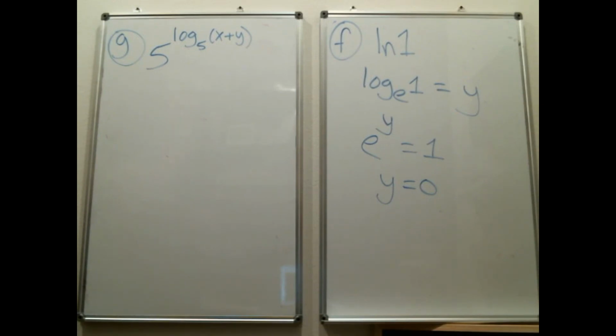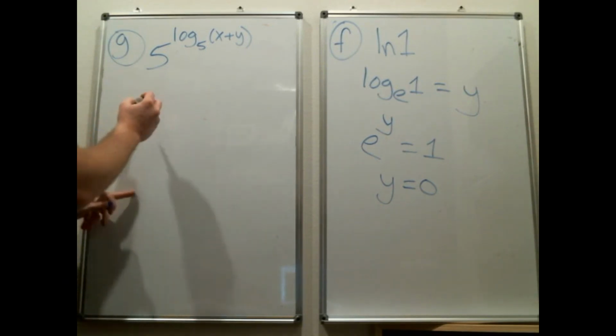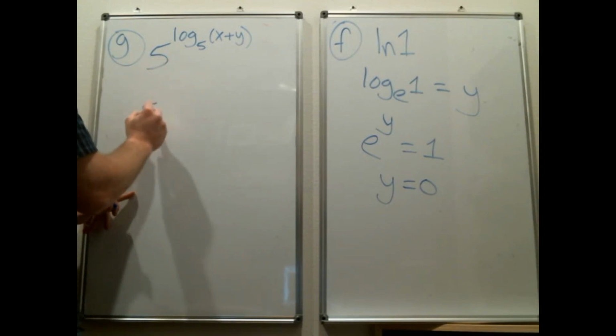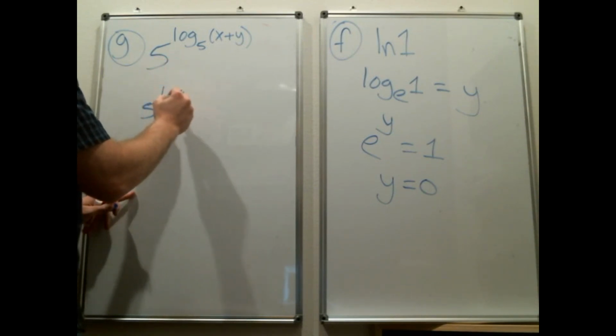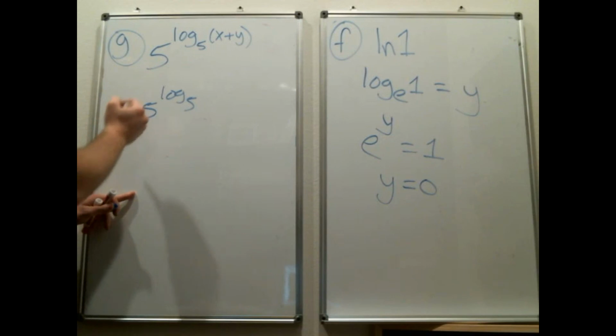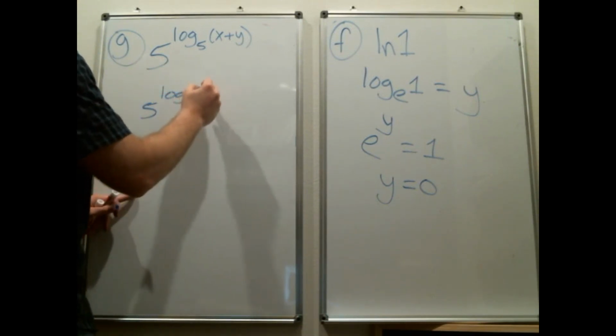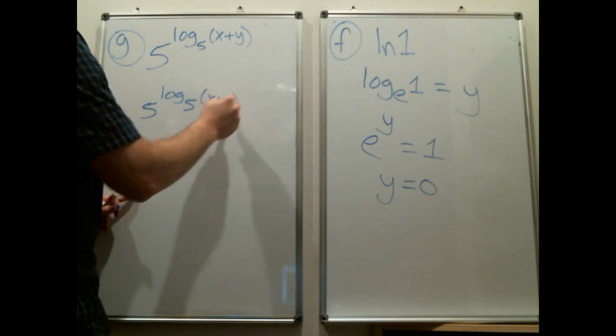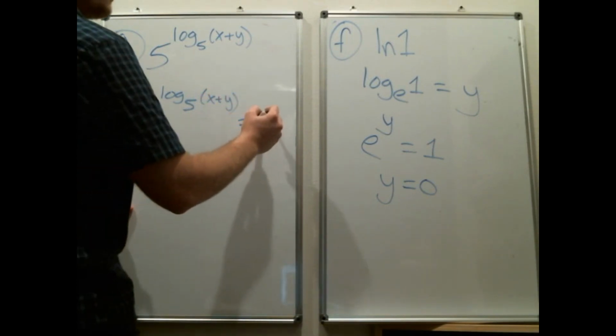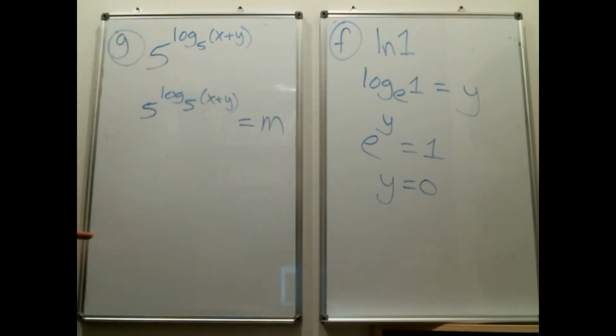So we need to treat this as an exponential, as we're in exponential form. So let's do that. I'm going to rewrite it just so I know what the original was. So 5 raised to the log base 5 of x plus y is equal to, let's call it m.